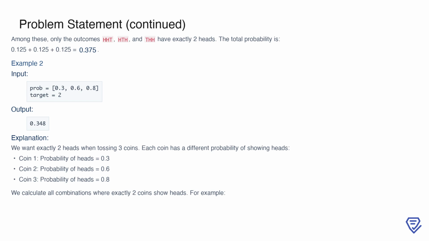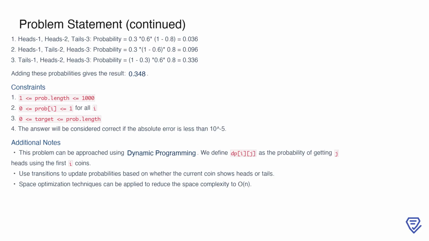Suppose the list of probabilities is 0.3, 0.6, 0.8, and the target is again 2 heads. Here, each coin has a distinct likelihood of showing heads, so we need to carefully compute the probabilities for each valid outcome. To calculate the probability for this example, we identify all combinations that result in exactly 2 heads. For instance, one valid combination is when the first and second coins show heads, and the third shows tails.